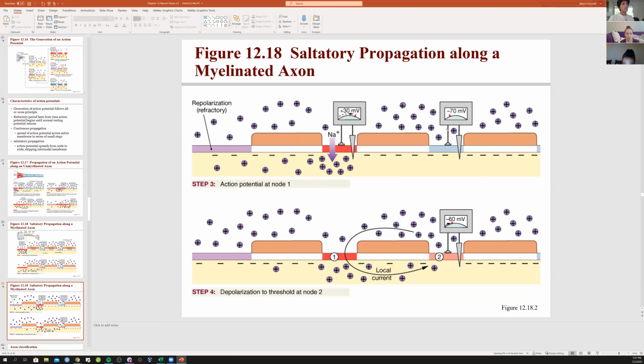But the action potential will trigger the change here and not go back the way that it came, because this is in that refractory period. This is where the cell is more negative than the resting membrane potential, and it takes a lot more positive signal to send it to the depolarization threshold of negative 60.